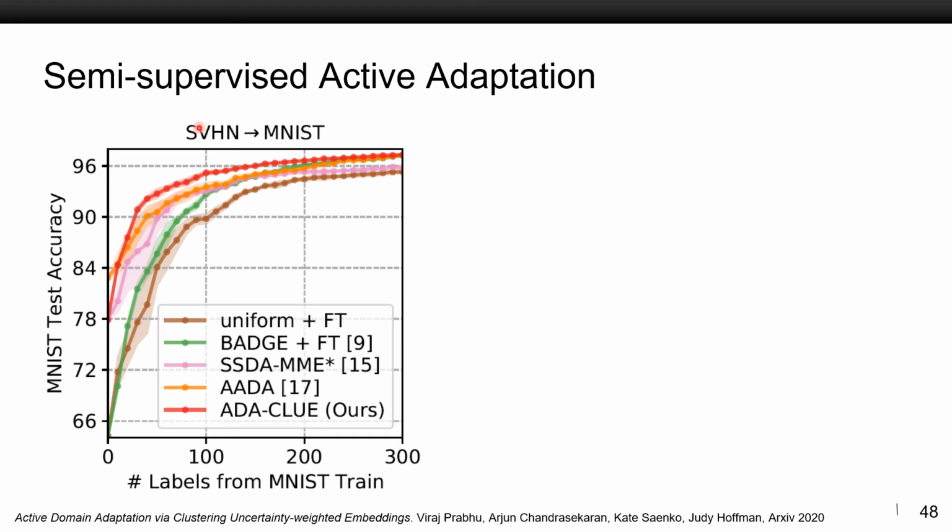This is, again, adapting from the street numbers to the MNIST. And we can see that our method, the red line, is outperforming alternative methods, baselines. For example, this brown line is a uniform sampling with fine-tuning of the source model. So it's a straightforward baseline. And here we're able to do better than that.